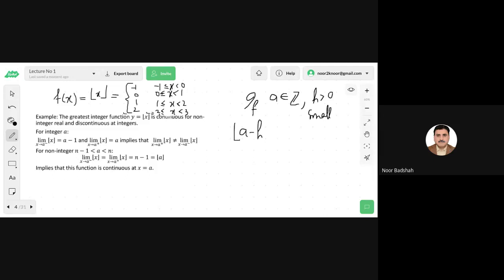That will be a minus 1. Does it ring a bell, a little bit? This will be a minus 1, while greatest integer for a plus h will be simply a. And if you remember, for least integer, a minus h was a, while a plus h was a plus 1. But you will do that yourself later on. So we'll be using this concept here to find left hand limit and right hand limit.